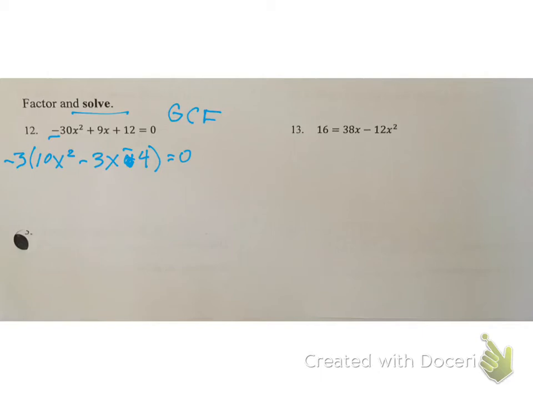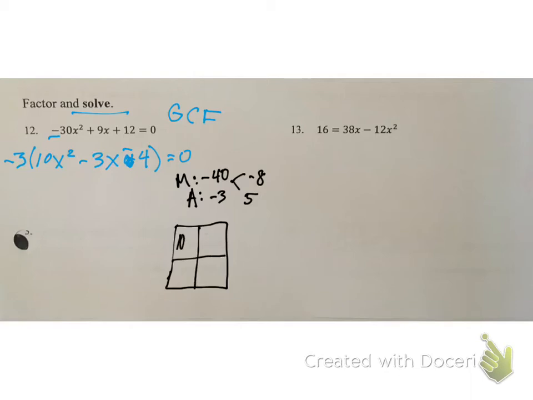Then I want to factor, so I need two numbers that multiply to get 10 times -4, so -40, and then add to get a -3. So let's see, we have -8 and 5. Do the box method. 10x squared, minus 4, -8x, 5x.